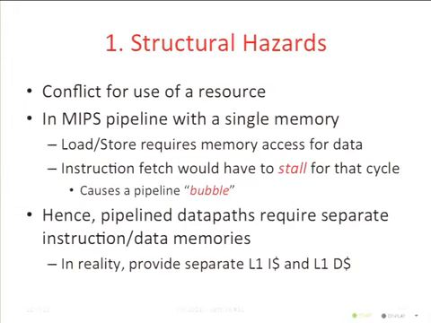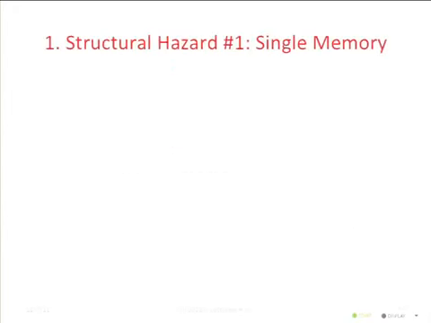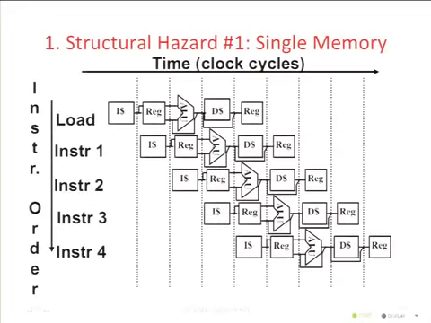All right, so the way that looks in our pipeline diagram, where are you going to get into trouble here if you didn't have, well, it doesn't even look like there's a problem here because we've already split them up. So here, for example, once the first instruction is in its memory phase, the next instruction is in the fourth step.